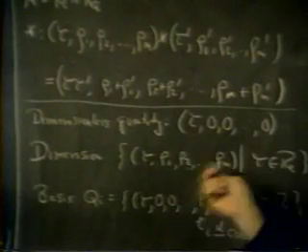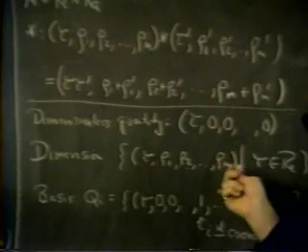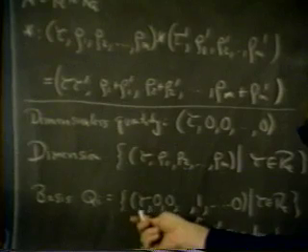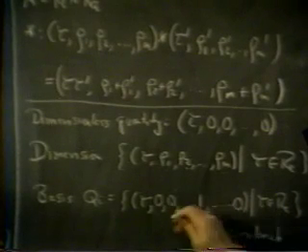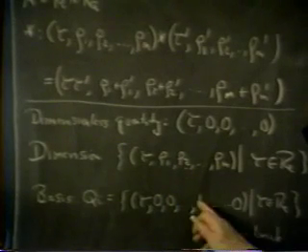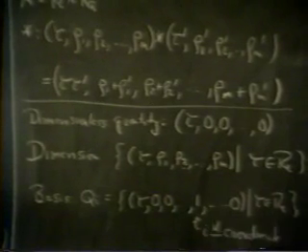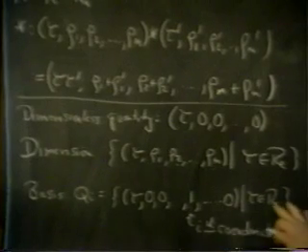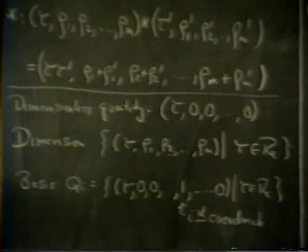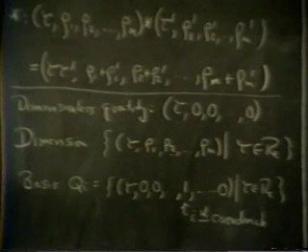And the basis for this structure would be the set of all things that are obtained with the particular choice of all of the rhos equal to 0, save the one in the ith coordinate, which is equal to 1. And that forms the basis of this vector space, as is fairly easily demonstrated.